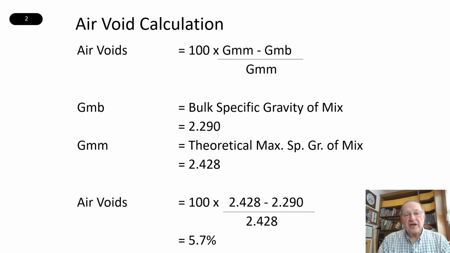In this particular case, if the GMB of the compacted specimen is 2.290 and the maximum specific gravity is 2.428, we would calculate air voids by taking 100 times 2.428 minus 2.290 divided by 2.428, and we would get an answer of 5.7%.